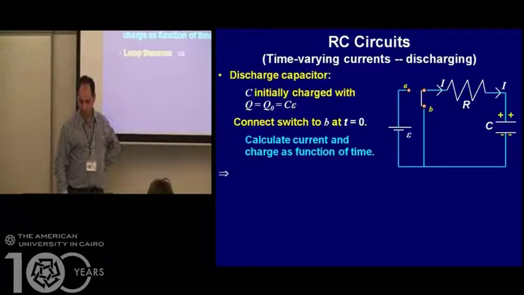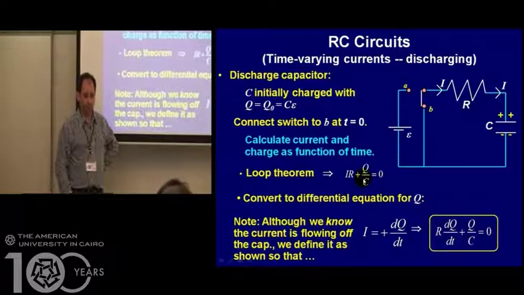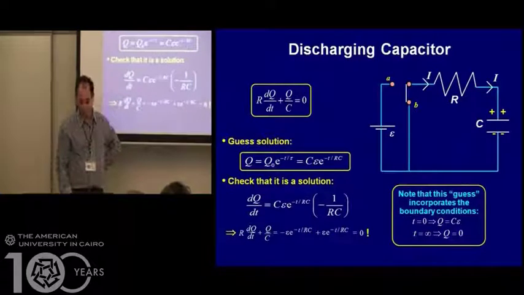So guys, I have applied Kirchhoff's voltage law. Then I said that the current is dq by dt. I replaced I in that equation by dq by dt. I got that equation, and if we solve that equation as we did on the board, you get the solution.